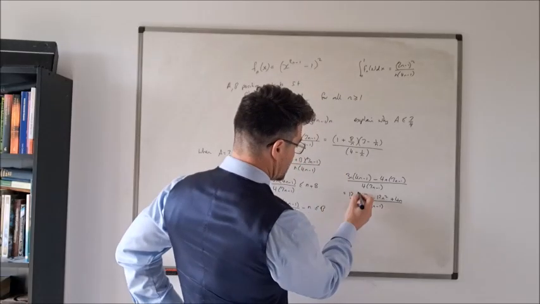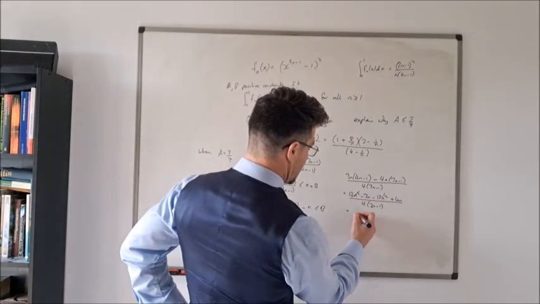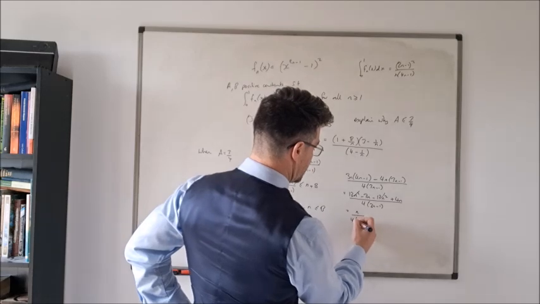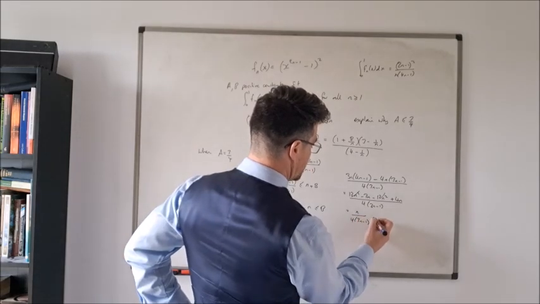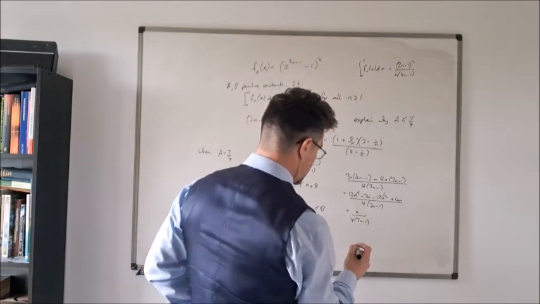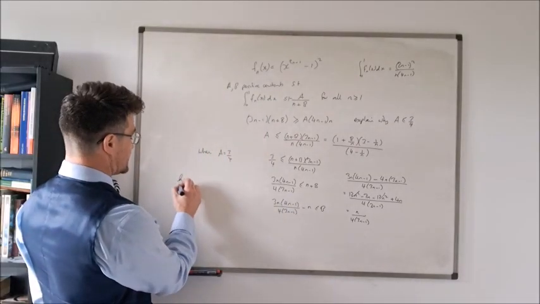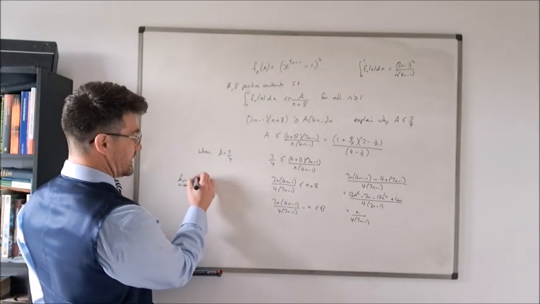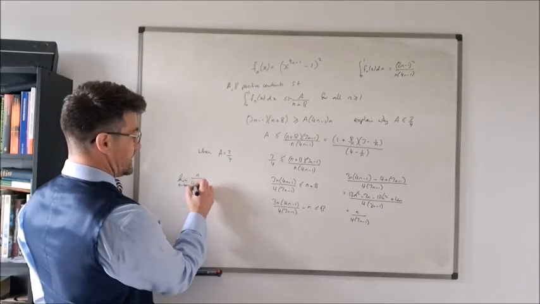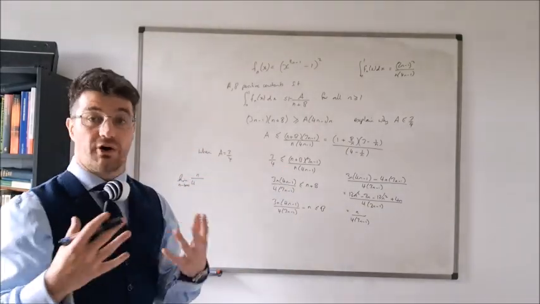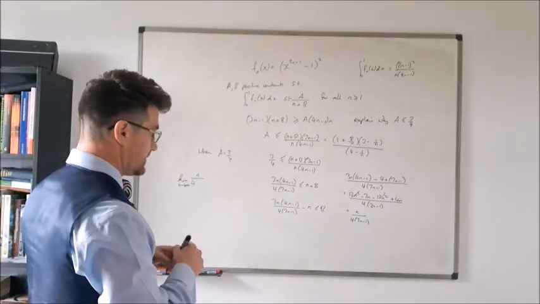Cancel, we get n over 4 times (3n minus 1). So the limit, and I'll do it over here, the limit as n approaches infinity of n over, again, we need b to satisfy this inequality for all n. Okay, for all n.